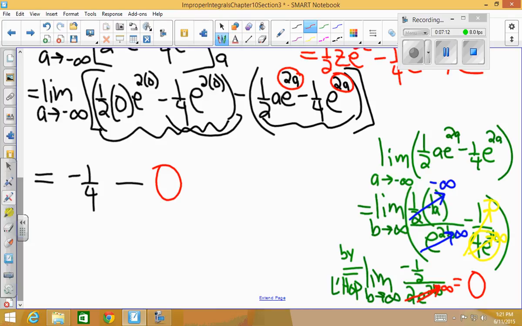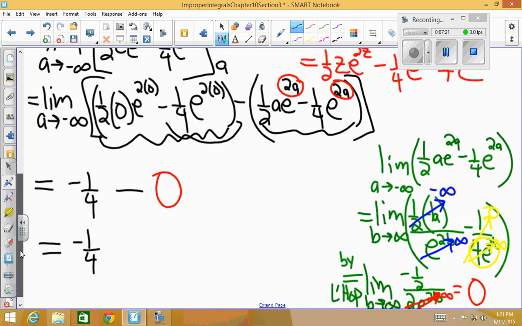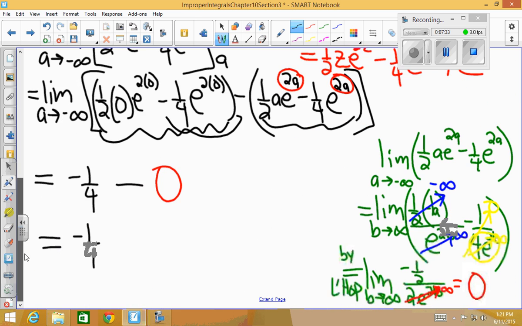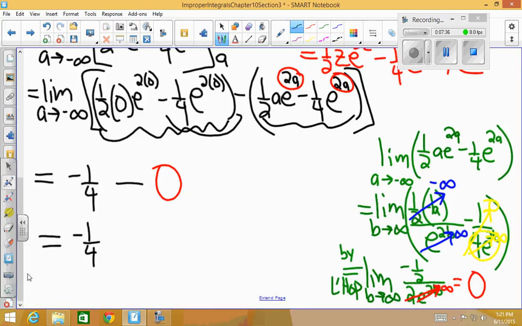So finally, our limit ends up being negative 1/4. This tells us that the original integral, namely the integral from negative infinity to 0, z e to the 2z dz, converges, and furthermore, it's equal to negative 1/4. So let's write that conclusion.